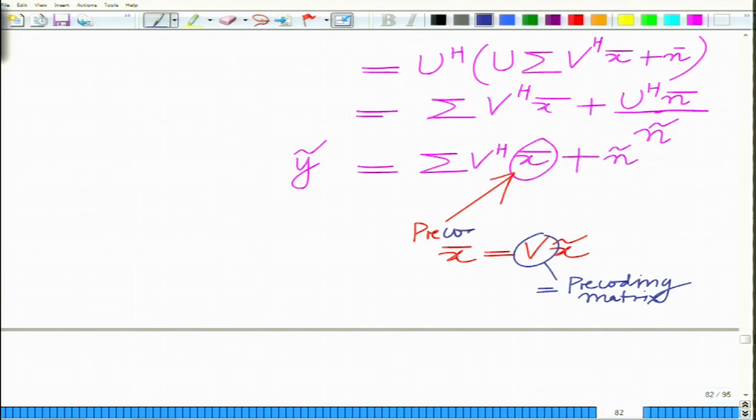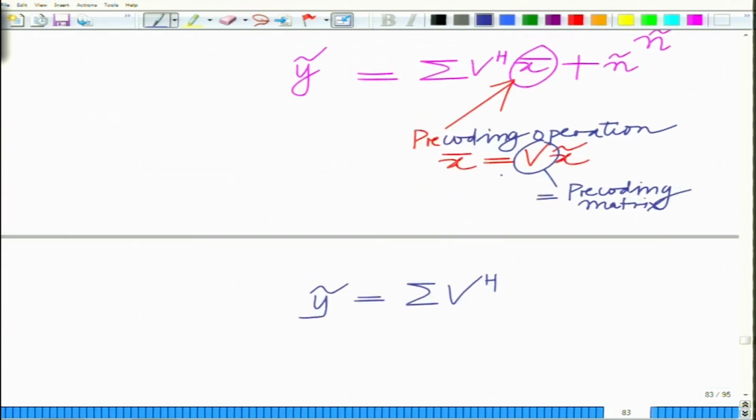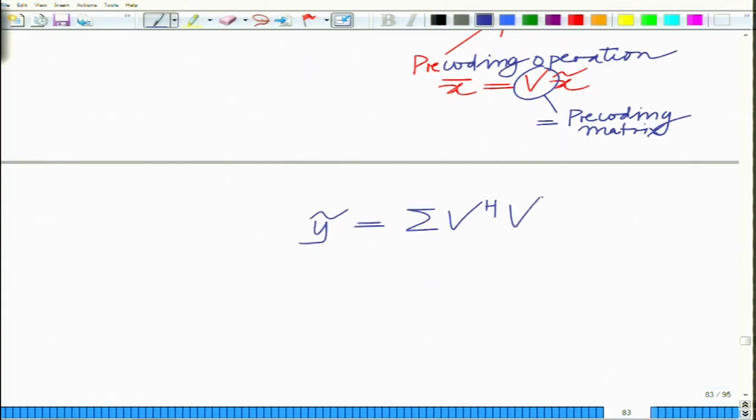And now if you substitute x bar equal to V x tilde, what you have is y tilde equals Sigma V Hermitian, with x bar now V x tilde, plus n tilde.